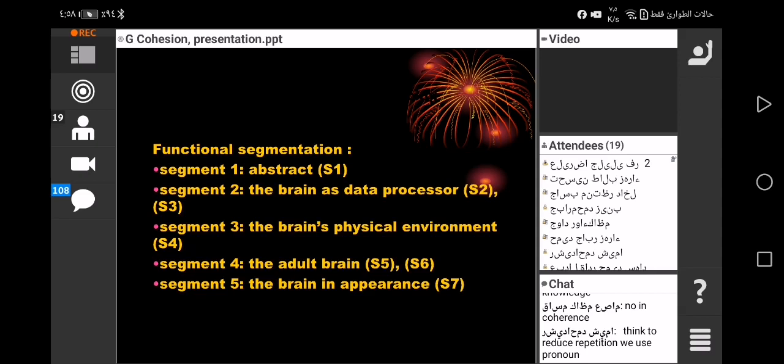And this is a functional analysis of those statements.